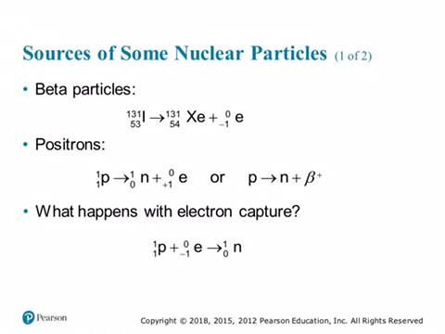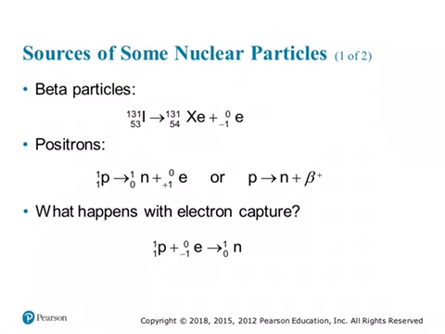So what are the sources of these nuclear particles, or where are they coming from as they relate to the atom? Well, beta particles are probably the easiest to understand because they're electrons, and they're simply coming from the electron cloud of the original element. Positrons can form from the conversion of a proton into a neutron.